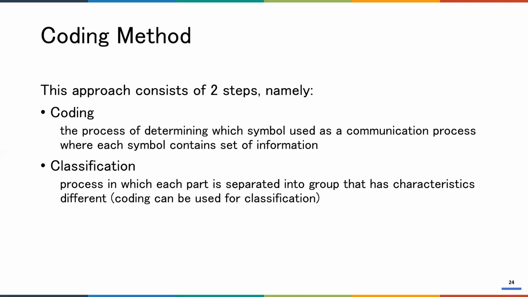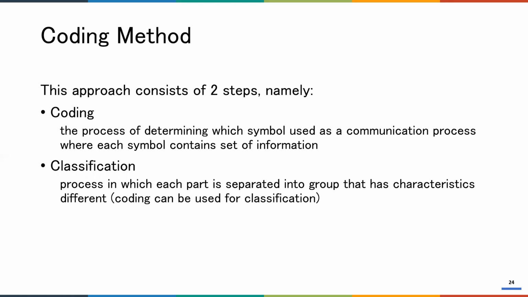And then for the coding method itself, first you need to build the code. It means that you determine the symbols and numbers, and then you have a kind of database for each symbol that you make. After that, you label all the products based on those rules, the code rules.